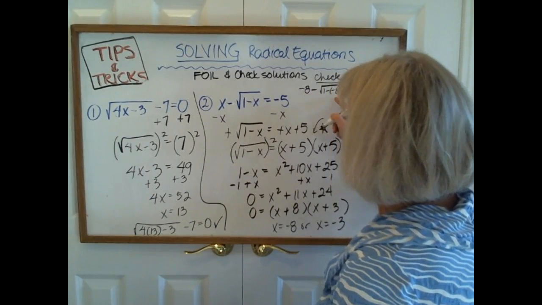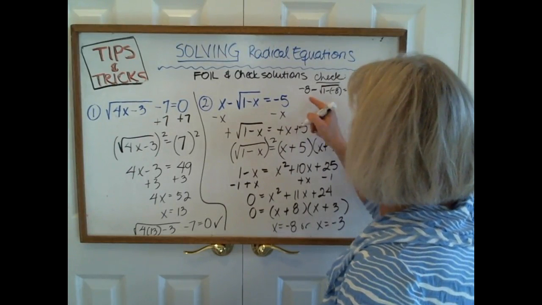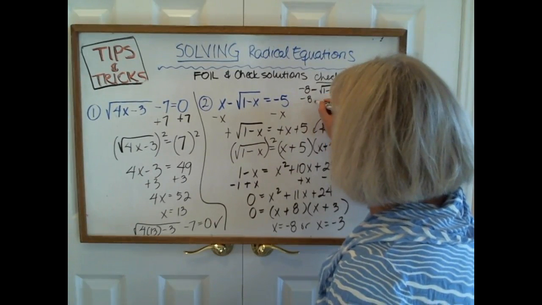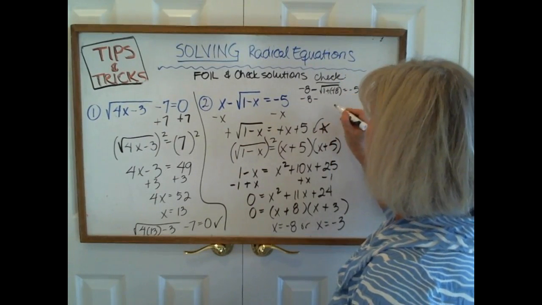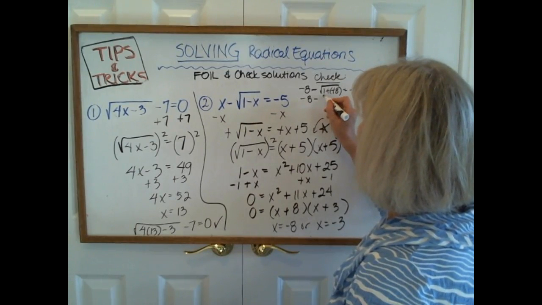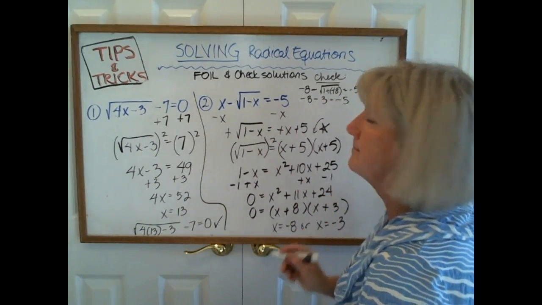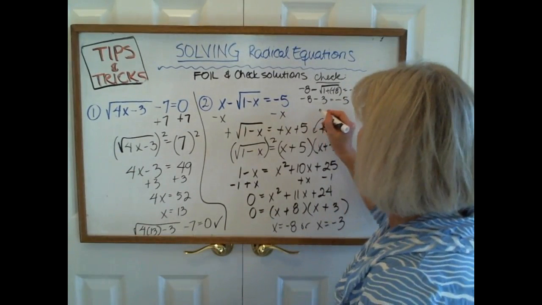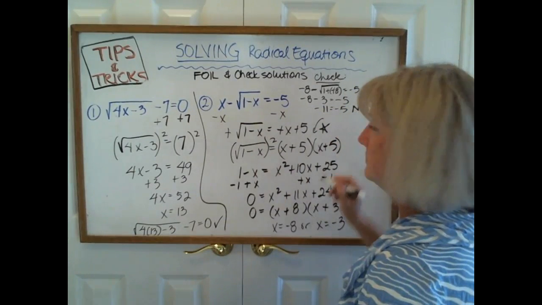Always put things in parentheses. Equals negative 5. So we have negative 8 minus, and the negative negative turns into plus, so this is the square root of 9. So negative 8 minus 3 equals negative 5. No, this is negative 11 equals negative 5, so this is a no.